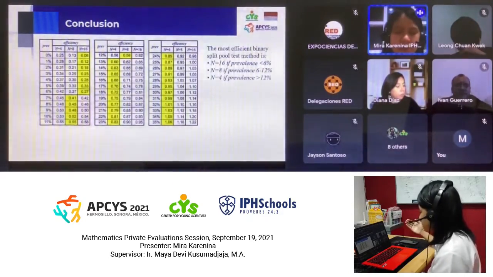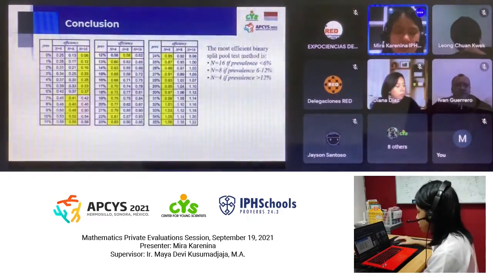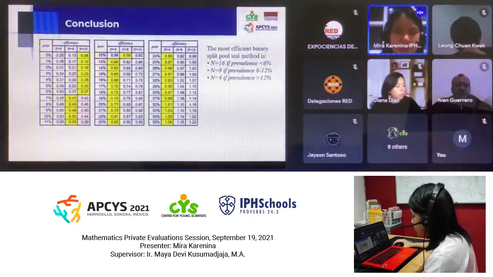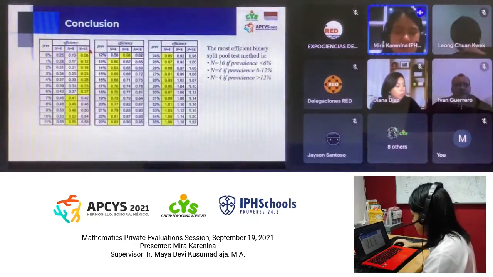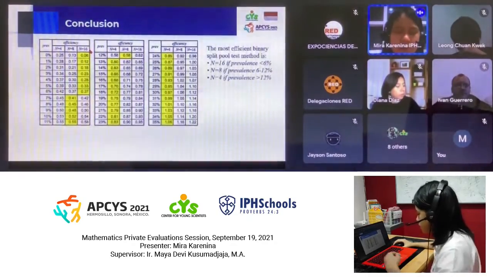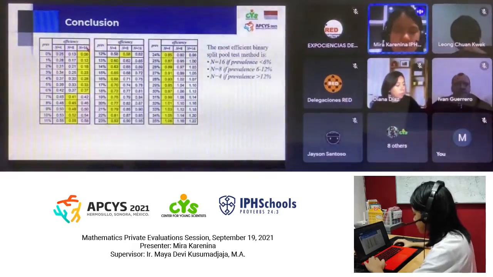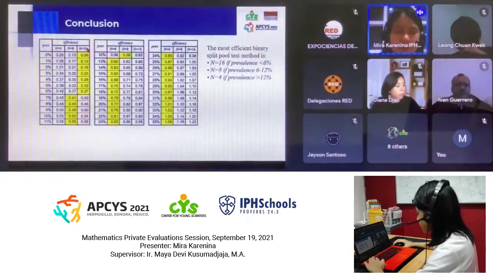But actually, I have a method in mind. That is to increase the number of samples in a pool. You can see here that the most in a pool is 16 samples.